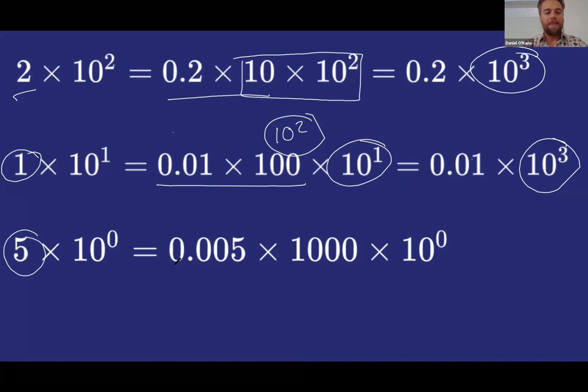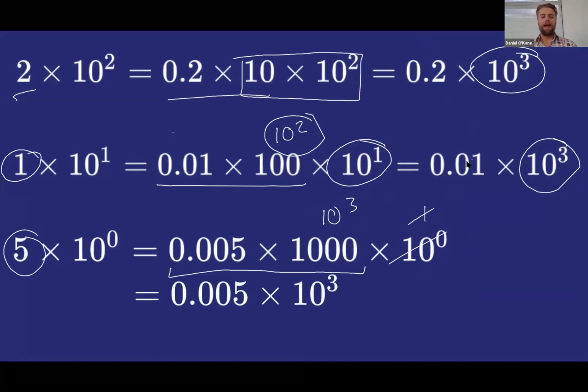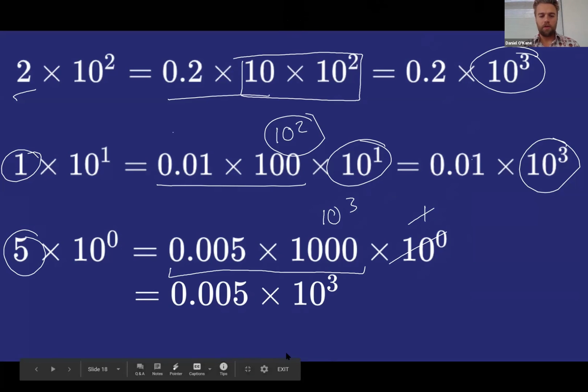So the 5 I can write as 0.005 times 1000. And the reason is I can multiply 10 to the power of 0. Well, that's just 1 anyway, so I don't really have to worry about it. So then I can write this now as 0.005 times 10 to the power of 3. So now all of these numbers I have in terms of 10 to the power of 3.